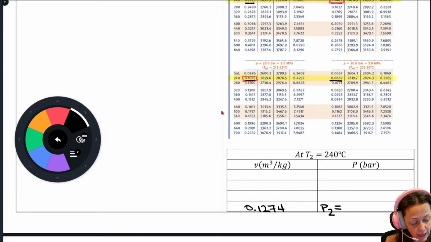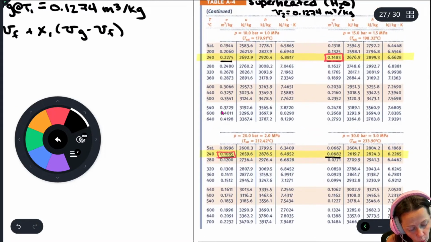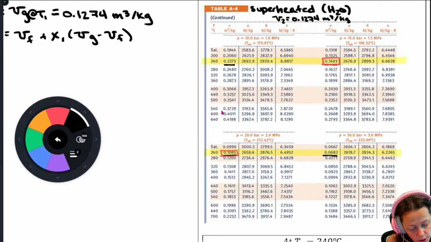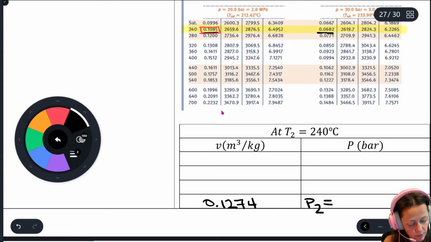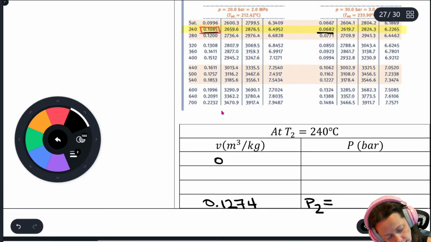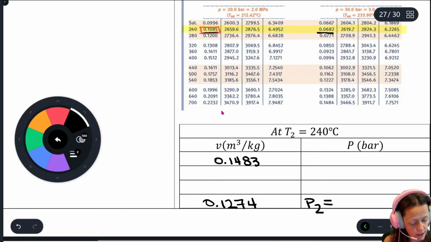Well, I have a value at 0.1483 and 240 degrees Celsius, and that pressure is 15 bar. So 0.1483, this pressure is 15 bar.